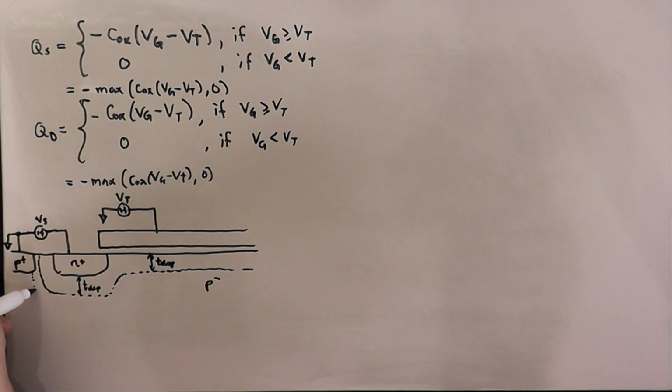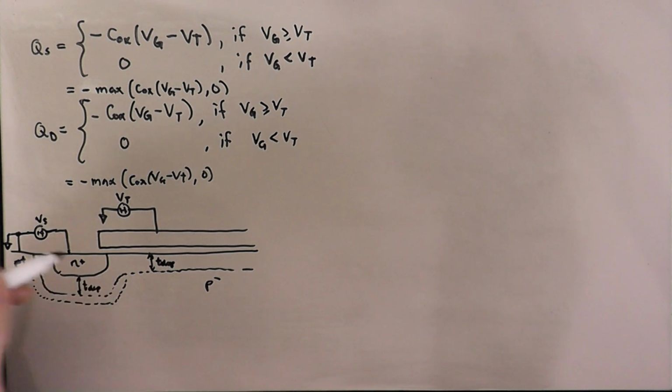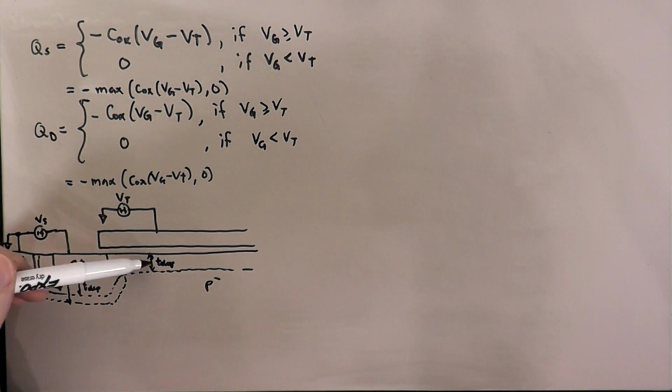Well, the depletion region under the gate is going to stay the same, but the depletion region under the source is going to have to get a little bit wider, like so. And what that basically means is that we have increased the energy barrier between the source and the channel region, because now we aren't at this sort of equal thickness condition.